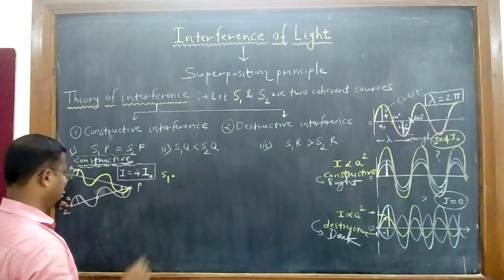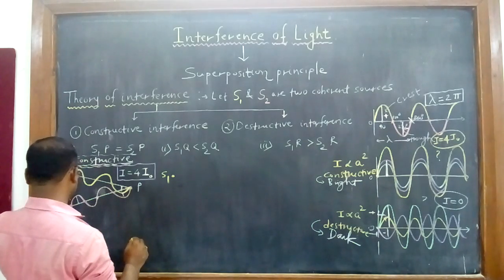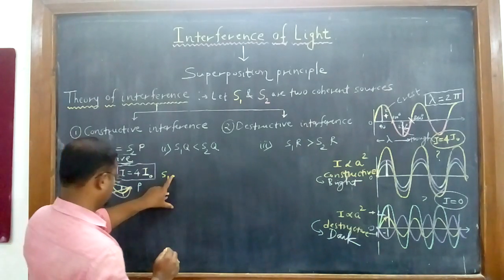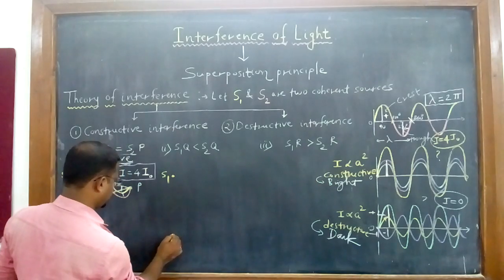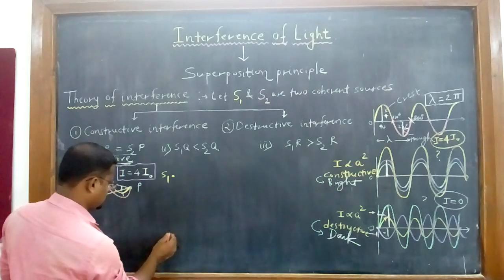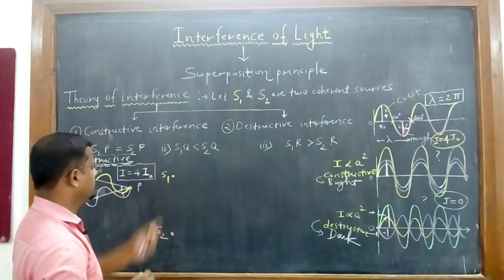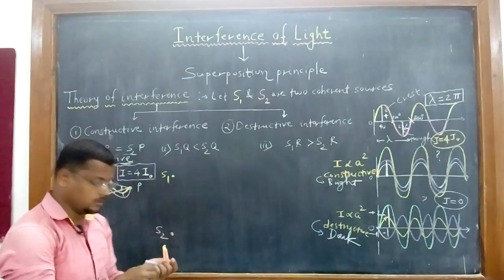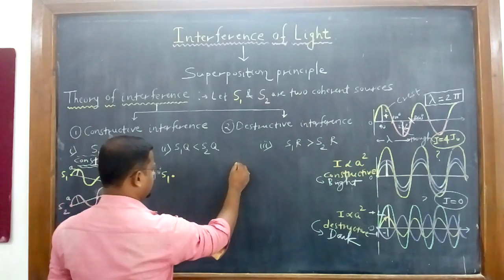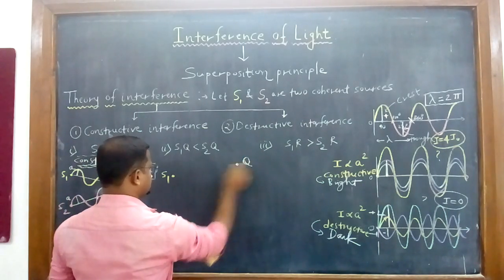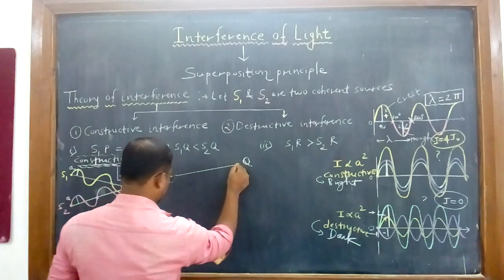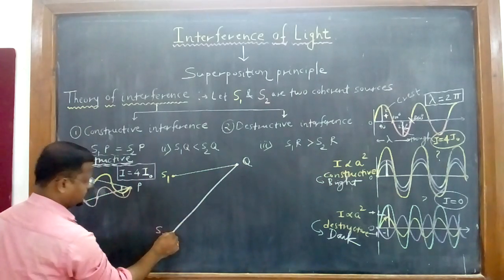Next I have to mark S2. Now S1Q is less than S2Q, so your point Q must be somewhere here, so that I can say S1Q is less than S2Q.